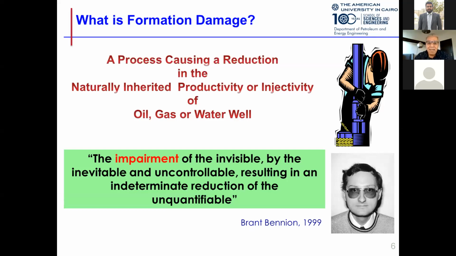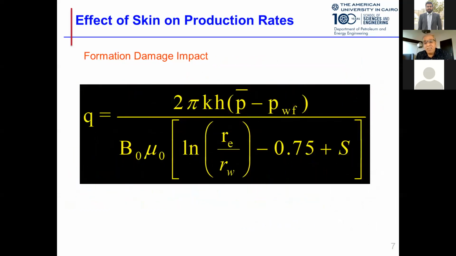This results in an indeterminate reduction, something that we cannot determine, at the bottom hole, a reduction of the unquantifiable, the oil and gas that we did not quantify yet. So this is a very nice definition of formation damage. It's 100% true, and it has triggered attention to all aspects of oil and gas production. Many people now rely on this definition when it comes to formation damage.